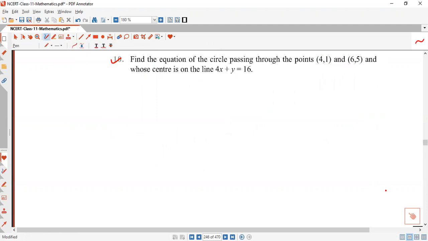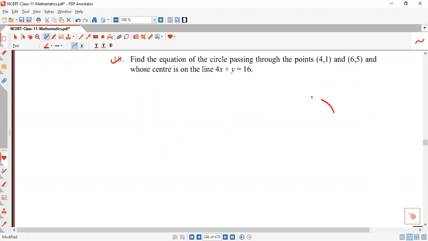So here in this question, we have these points 4, 1 and 6, 5, and the center is on this line. We have to find the equation of the circle passing through these 2 points.